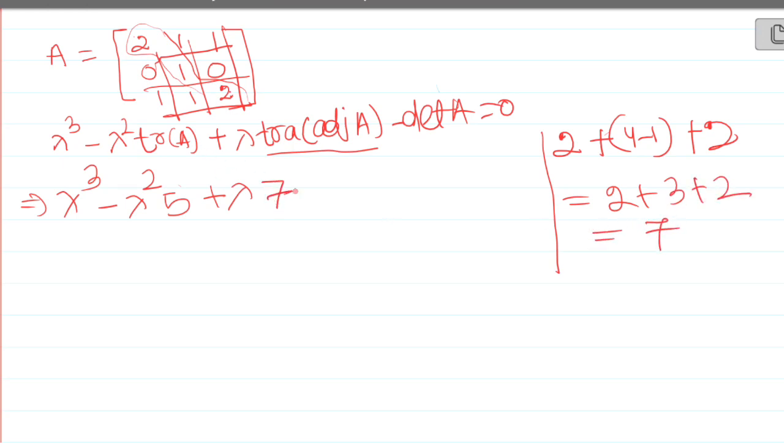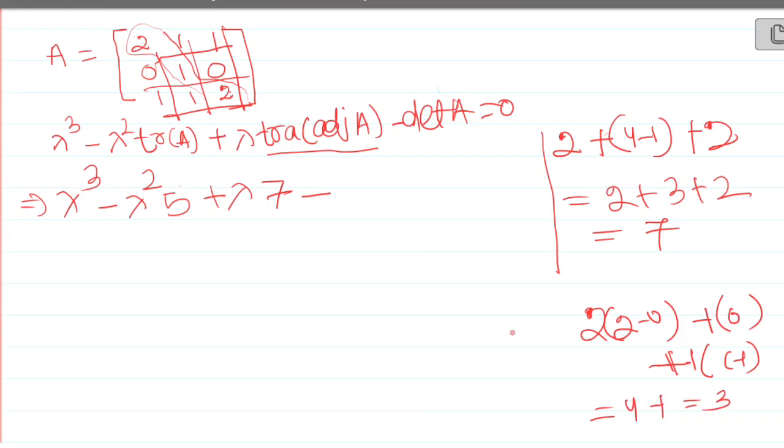So 7 minus determinant of A. Now the determinant you can calculate easily: 2 into 2 minus 0, minus 1 into 0 plus 1 minus 1. So 4 minus 1 will be 3. So this is 3 equals 0.